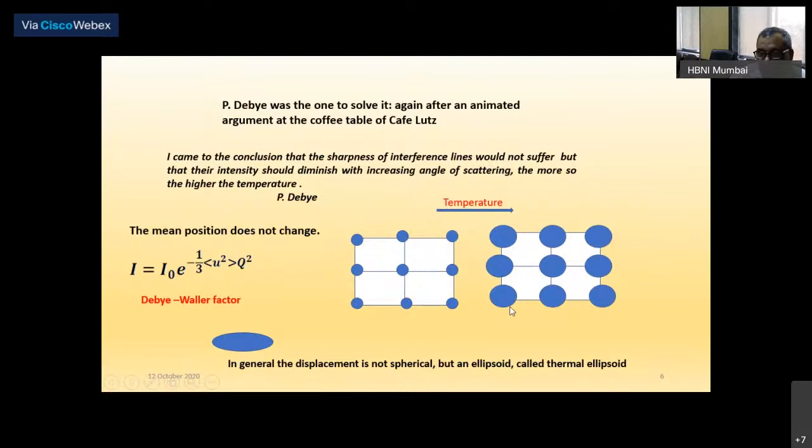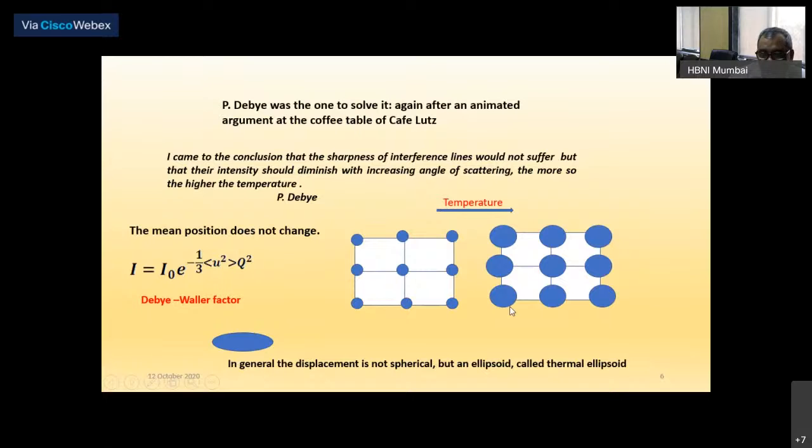This is true for neutrons also, because when I say lattice position, the nucleus with the associated electrons will be oscillating around this mean position, and it will be receiving a larger and larger spread in real space. And this is something like a form factor. If you see the picture on the left hand side, for this distribution the form factor will be falling faster, and that's what Debye said. And we can try to work it out.